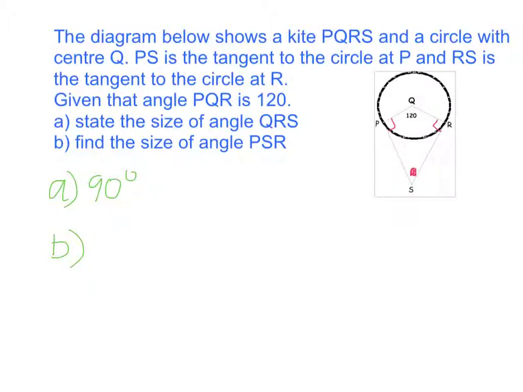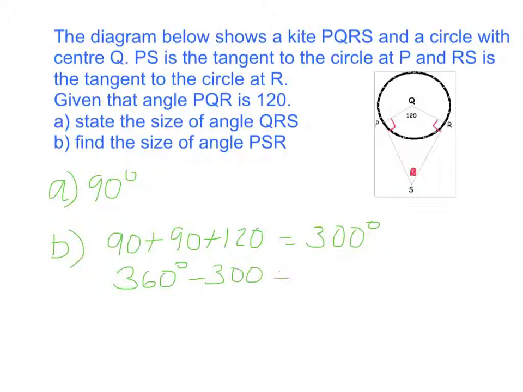Now it's a quadrilateral, it's a kite, so all the angles will add up to 360 degrees. We've got 90, 120 and 90 here, so we're going to just add those up, which gives us 300 degrees. The whole quadrilateral needs to add up to 360. So the missing angle is 60 degrees.